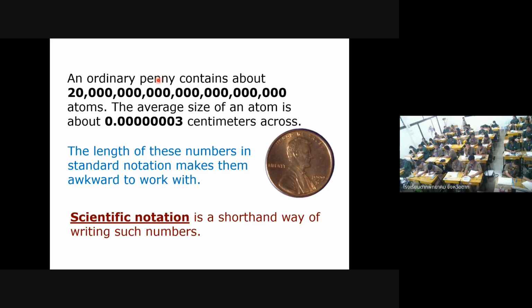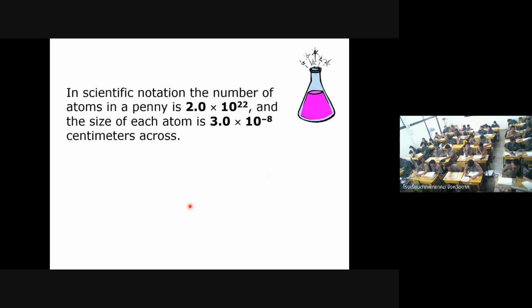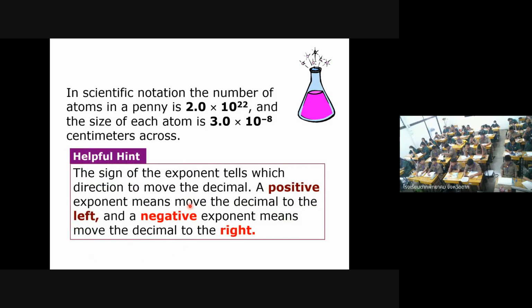it's not finished yet. Okay, again. The reason why we need to study scientific notation is because it's easier to write numbers that are very long in a scientific notation. Now, what you need to remember is that this is a times 10 to the power of n, right?